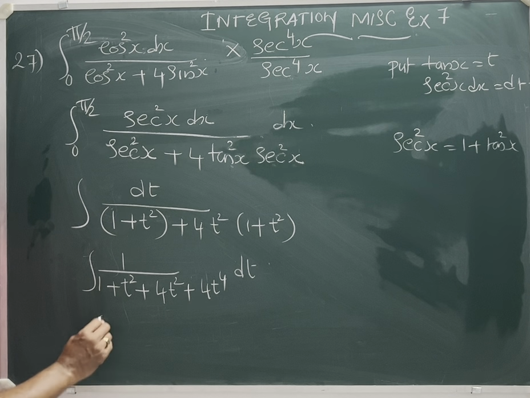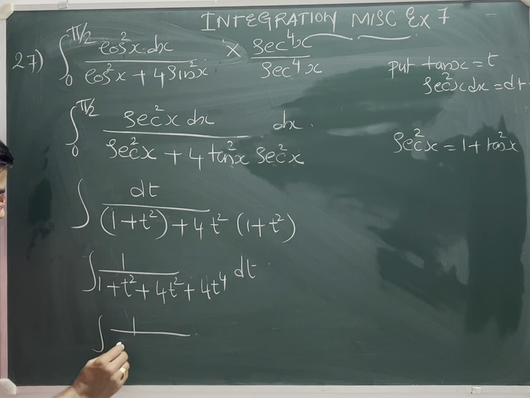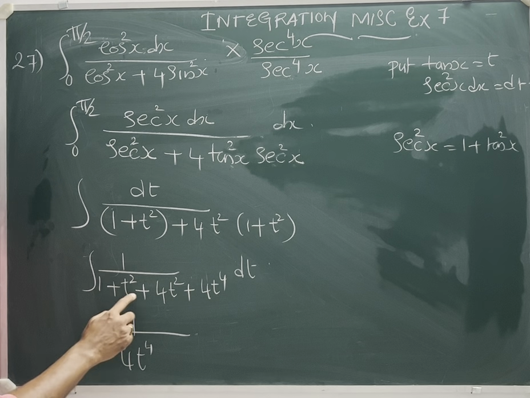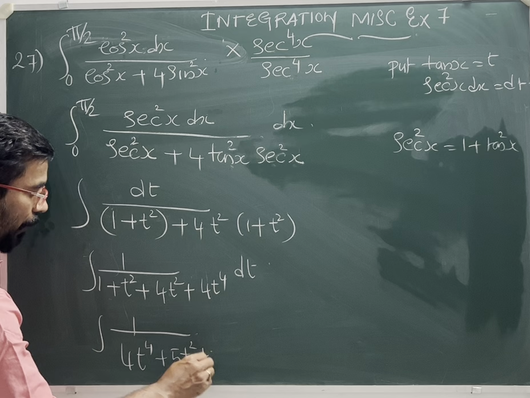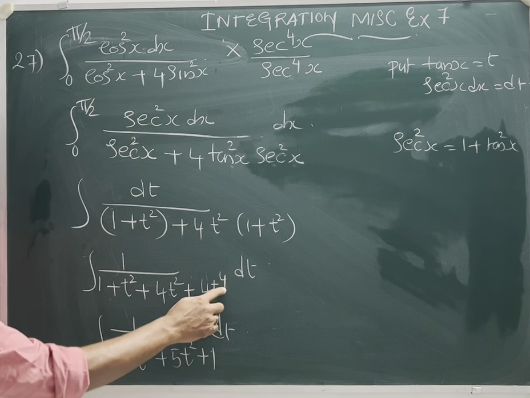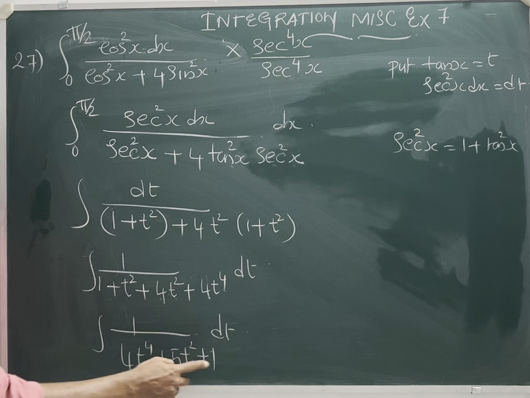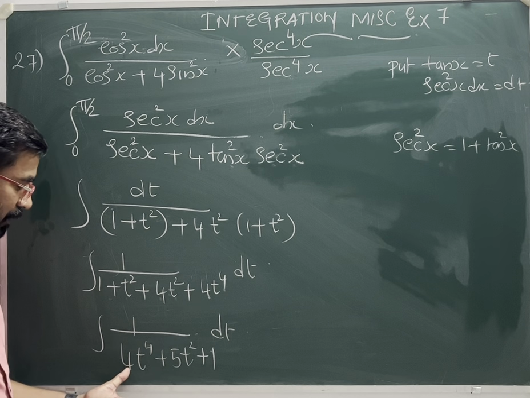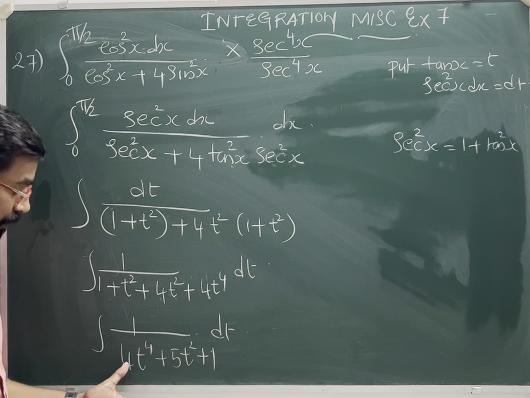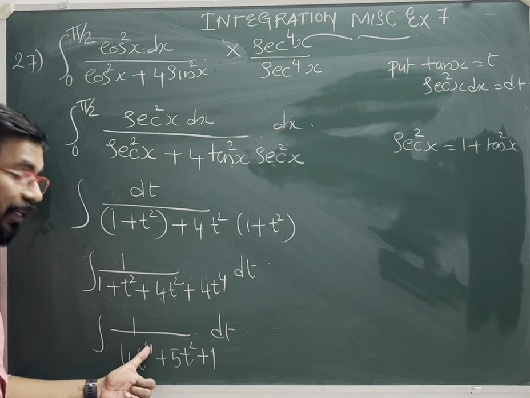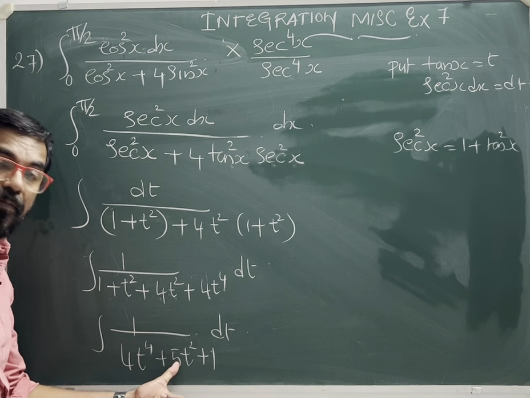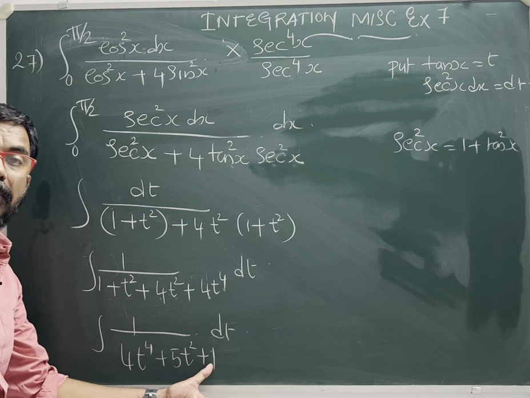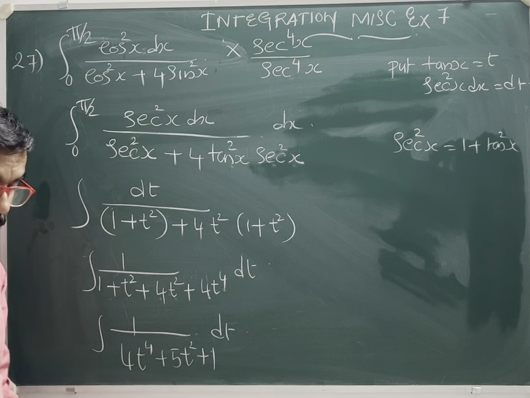Now this can be further written as 1 by 4t power 4 plus 5t square plus 1 dt: 4t square and t square will become 5t square. Can we factorize this like a quadratic? Because here it is a quadratic in t square. When you add, you should get 5, and when you multiply, you should get 4. Which are the numbers? They are obviously 4 and 1 itself.